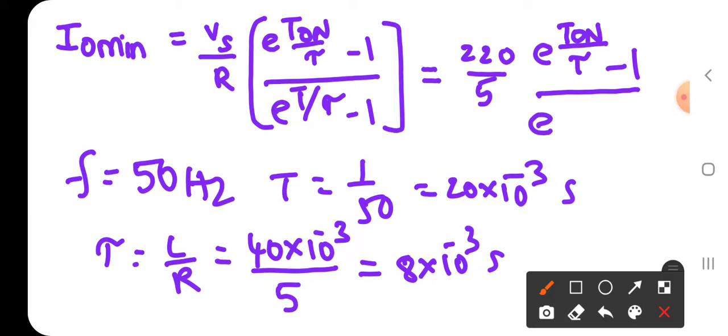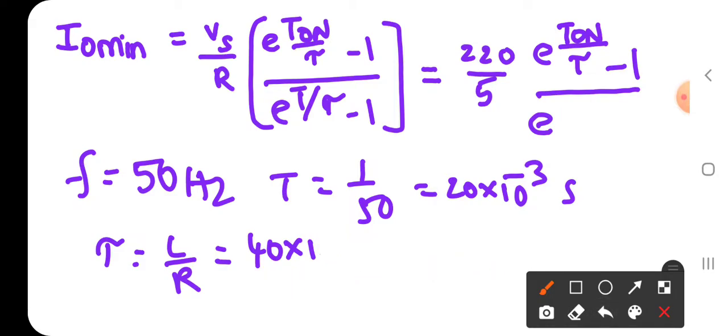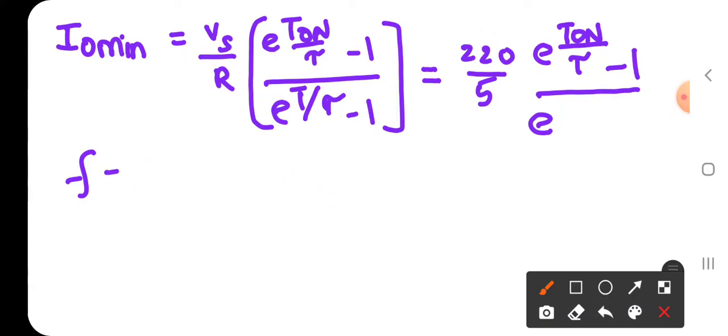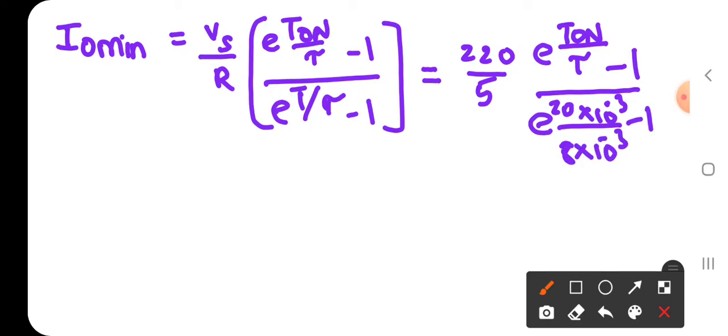Okay, now let us substitute these two values here. e power T by tau, so T is 20 into 10 power minus 3 over 8 into 10 power minus 3, minus 1.